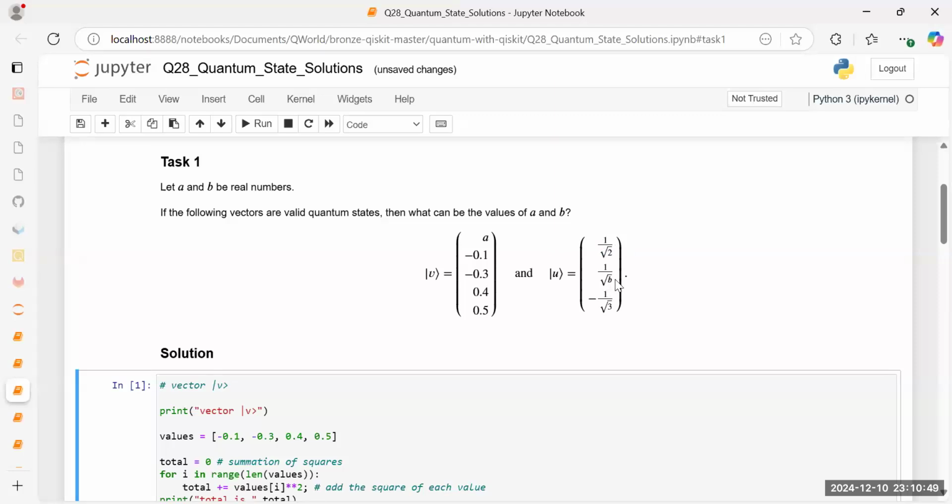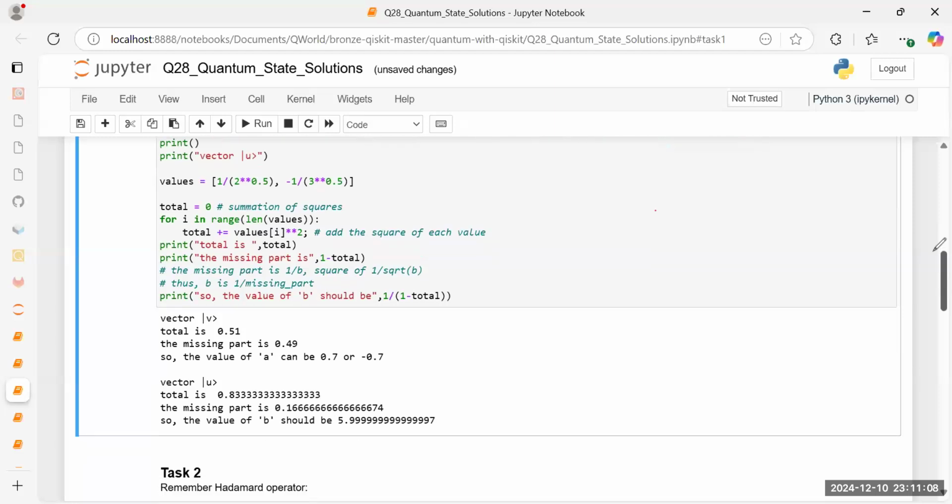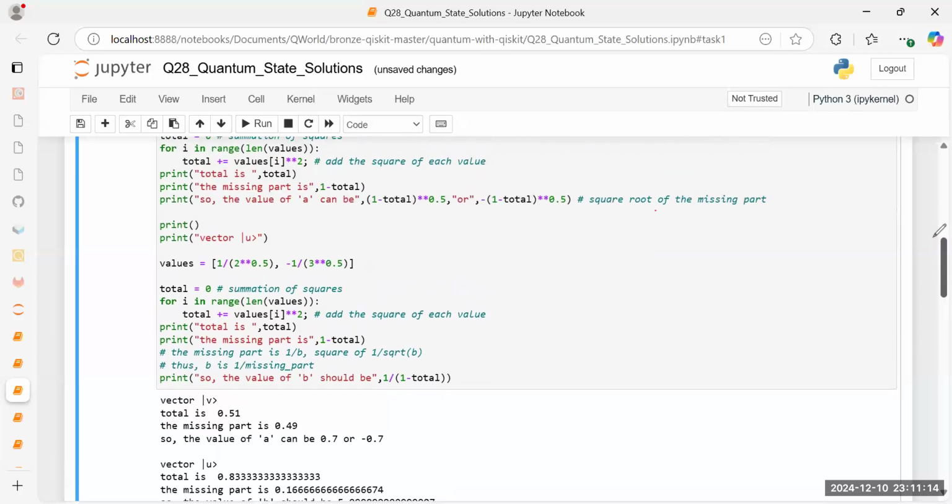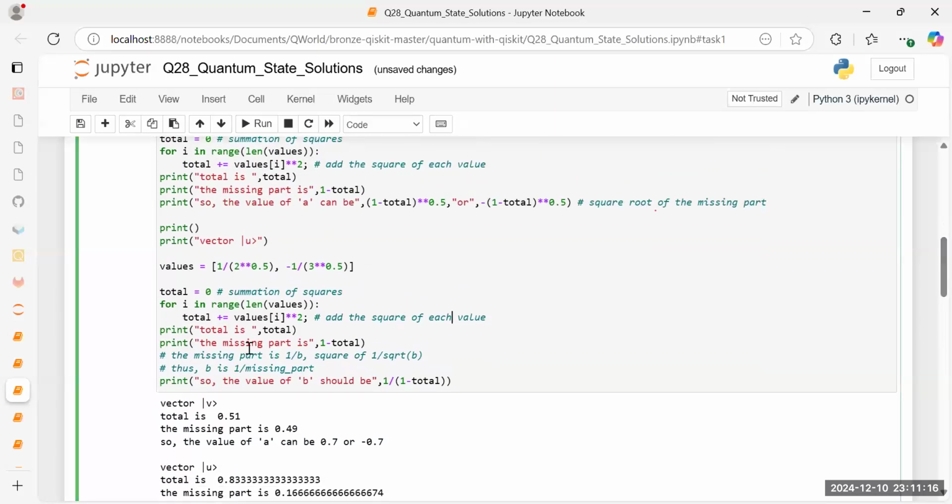I didn't square this. So we're printing out.